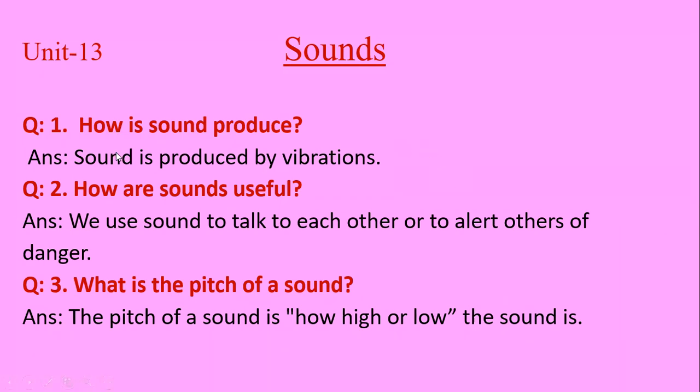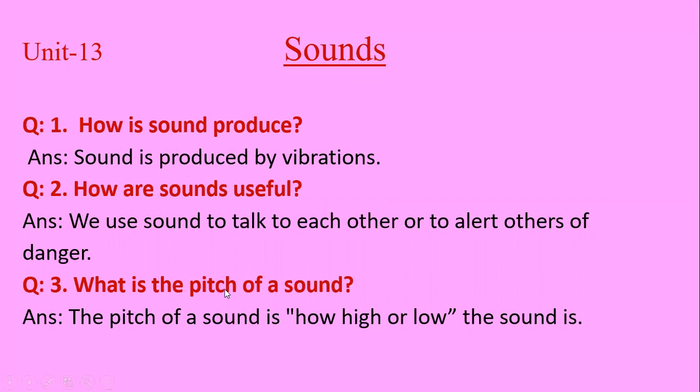Let's see question number 1. How is sound produced? Sound is produced by vibrations. How are sounds useful? We use sounds to talk to each other or to alert others of danger.